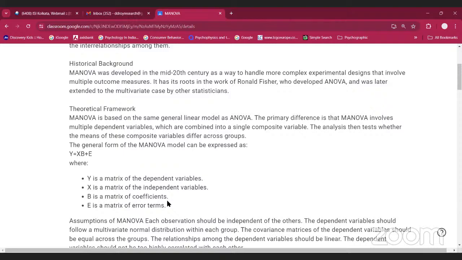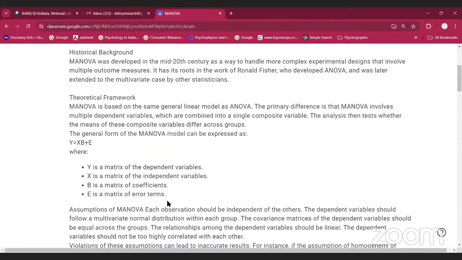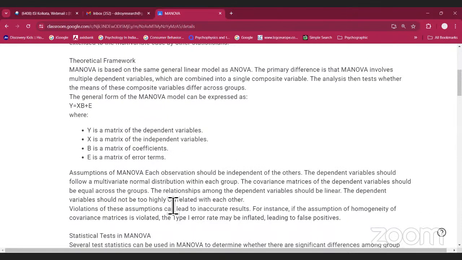Next. Assumptions of MANOVA. Each observation should be independent of the others. The dependent variables should follow a multivariate normal distribution within each group. The covariance matrices of the dependent variables should be equal across the groups.